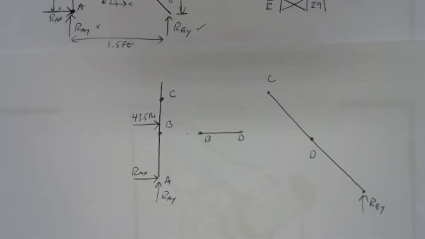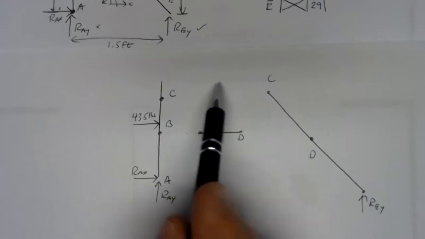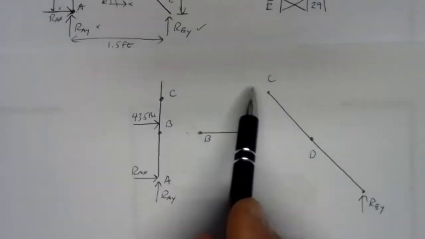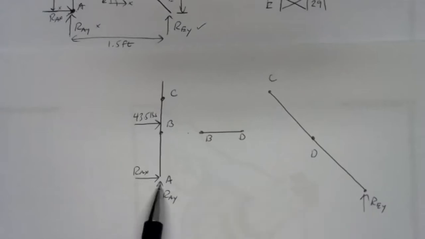And here's where we have to be careful. This only applies to the joints that are inside the member, inside the truss or frame. It does not apply to the reaction forces. When we draw the free body diagrams, we are exposing forces.